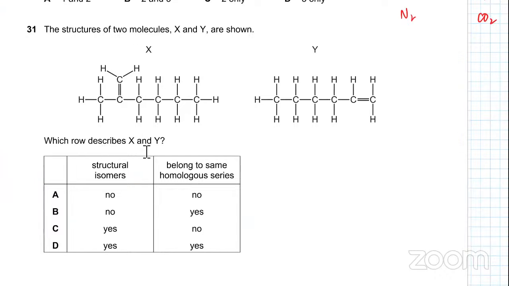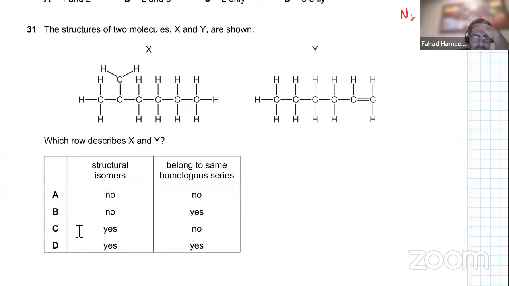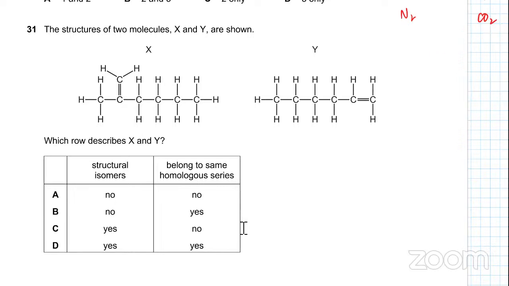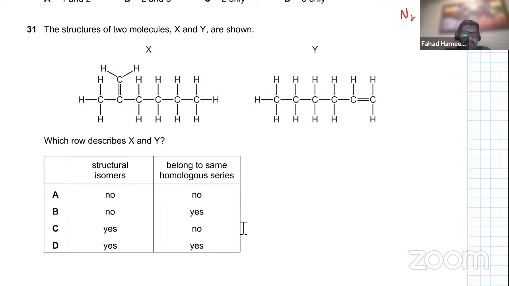Acha, organic. Which one describes the molecules X and Y? Are they structural isomers? And do they belong to the same homologous series? They're not structural. Why? There is one more carbon.